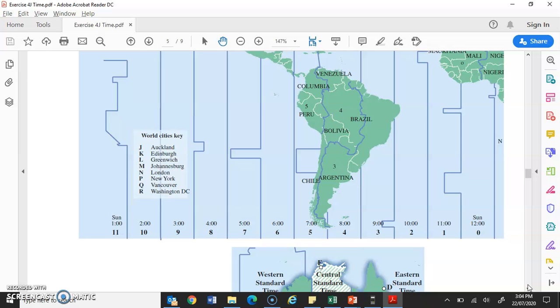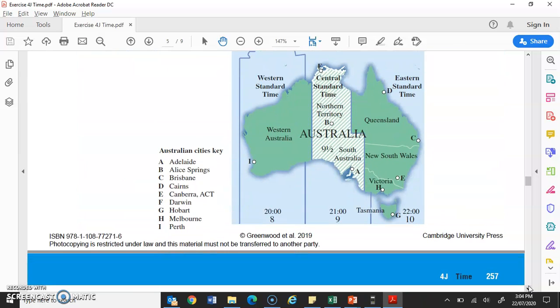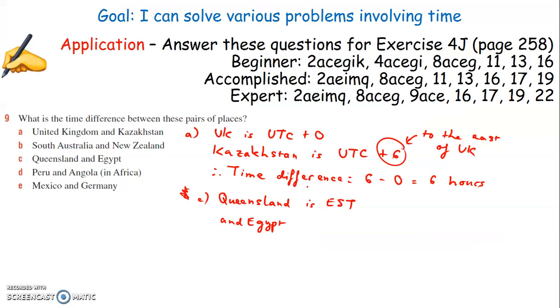Oh, that's all right, 256 also has Queensland as well. So you can see here Queensland is going to be using Eastern Standard Time, and that means that it is 10 ahead of UTC. So it's UTC plus 10. Okay, we are to the east of the UK.